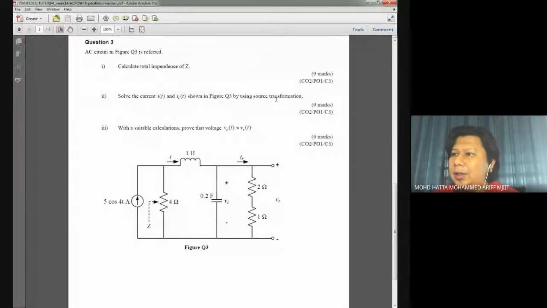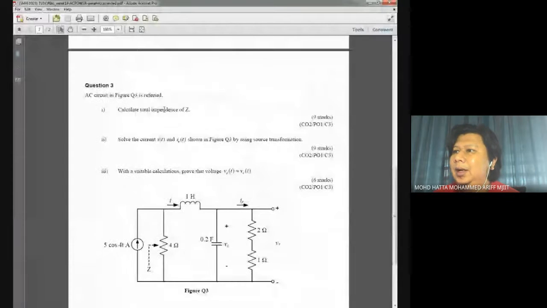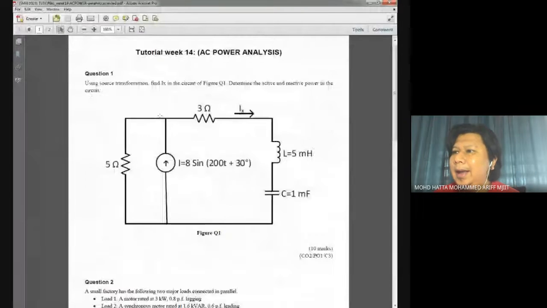So I of t and IR of t means that we need to write down our answer in sinusoid form. This is a very important point here. Please remember that if the question asks, find Ix, there is no bracket of t, it means Ix is in RMS value, or maybe you can write it in polar form or rectangular form, and of course it is an RMS value.